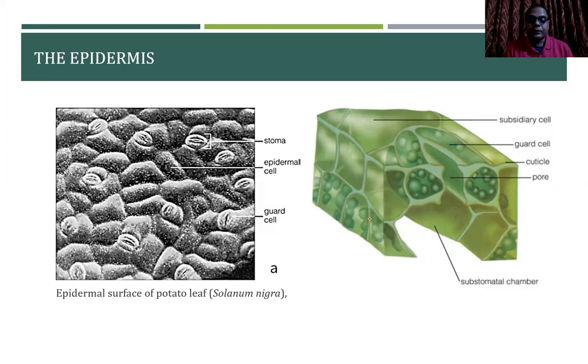So it can be a dumbbell shaped stomata, it can be a normal or a three-celled stomata. These cells play an important role in the mechanism of opening and closing of the stomatal pore. The entire structure is what we call the stomatal apparatus. This describes the guard cells plus the subsidiary cells.